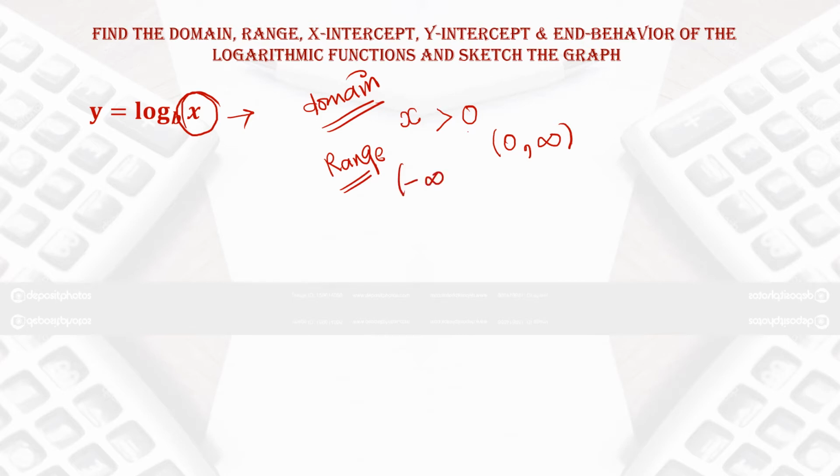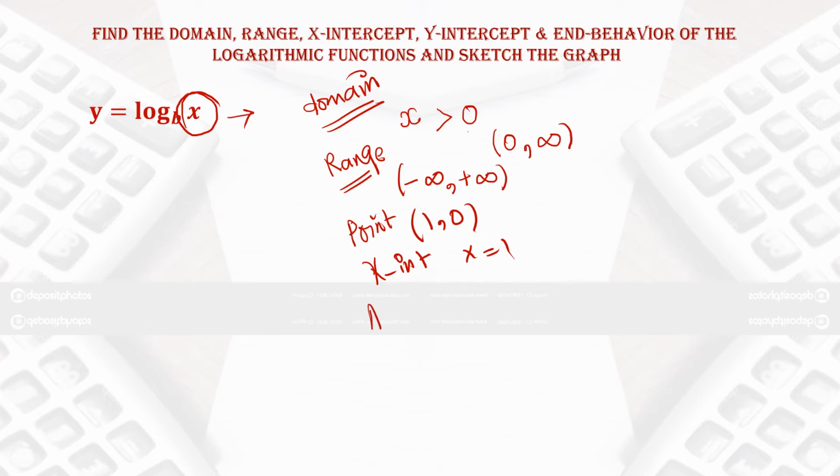Whatever number you write as an x value, you will get either a positive or a negative value of y. Now here, since x is greater than 0, it will always pass through the point 1 and 0. 1 and 0 means that you have the x-intercept: x equals 1, and the y value is 0.